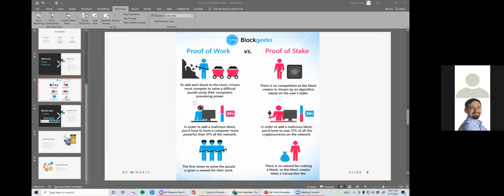For Ethereum specifically, to begin staking and validating, you need to have 32 Ethereum before you can start being a validator. Because I assume if it's less, then that's not a big enough risk to potentially lose. People might say it's okay if I have 5 Ethereum, it's still worth it to try and manipulate the system. So there's a lot of different ways that proof of stake can work.